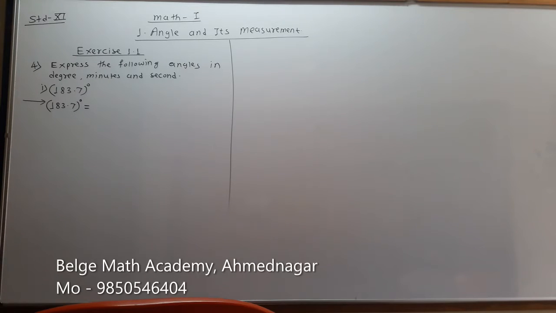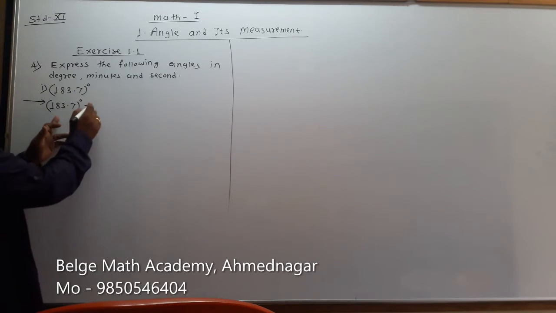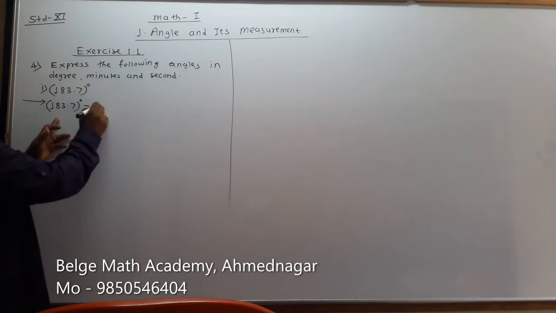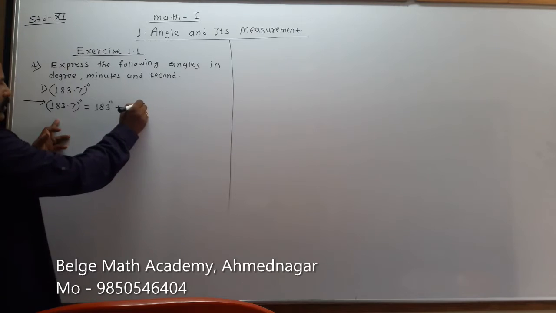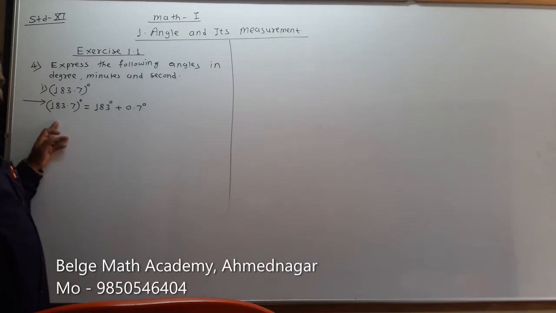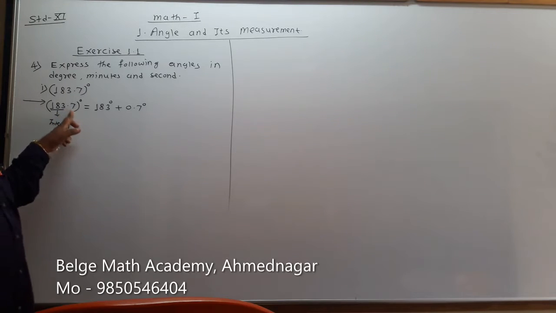First, we separate this angle into 183 degree plus 0.7 degree. In this example, 183 is the integral part and 0.7 is the decimal part.